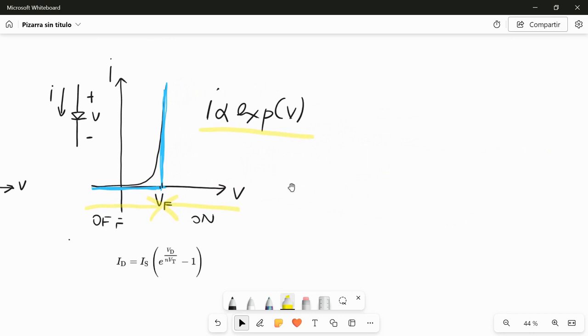Now let's state something more specific and convert this graph into an equivalent circuit.